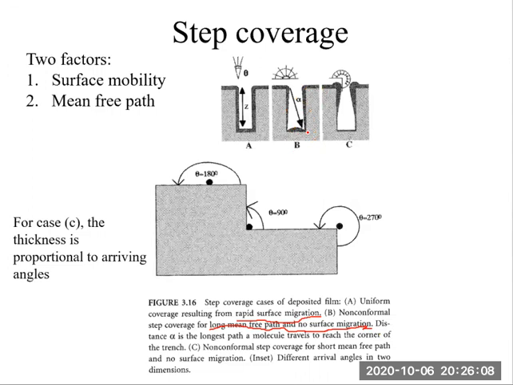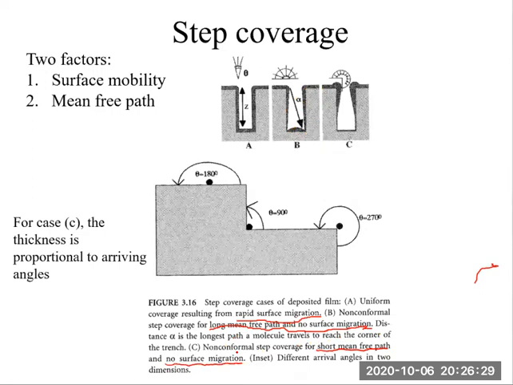And case C. Case C shows the non-conformal step coverage for short mean free path and no surface migration.